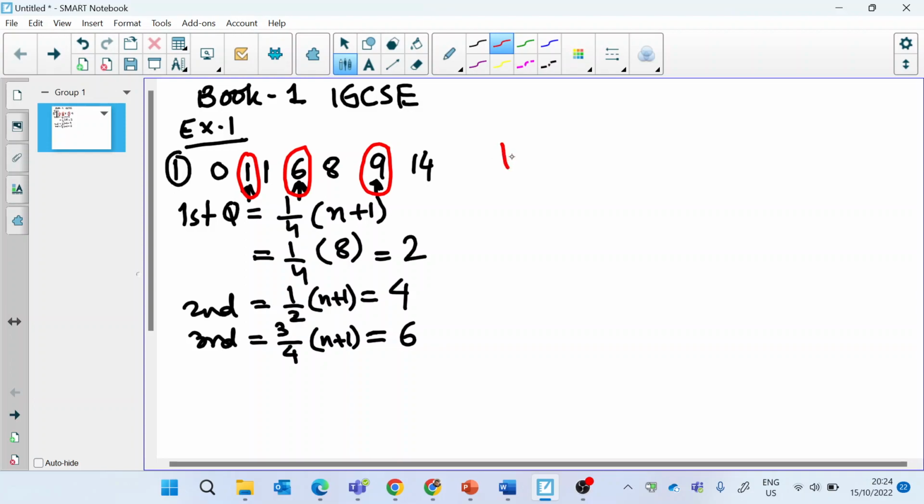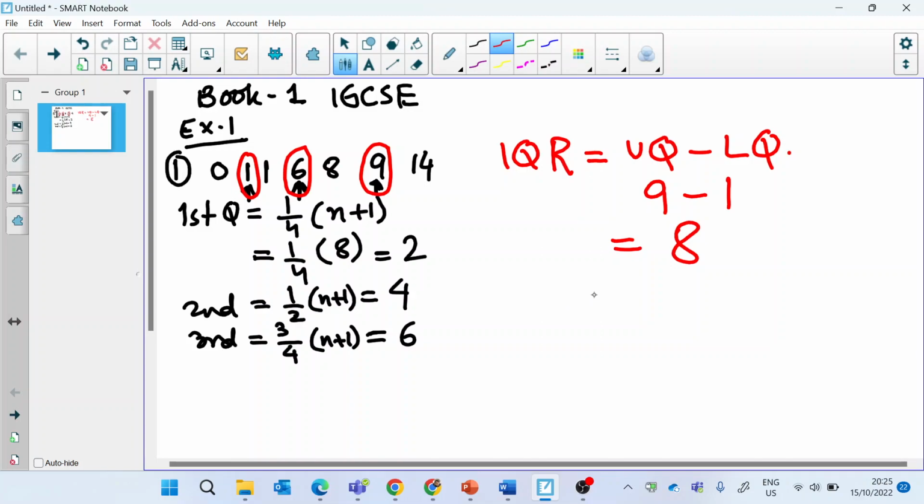The IQR, or interquartile range, is equal to the upper quartile minus the lower quartile. The upper quartile is 9 minus 1, so this is 8. That is our IQR.